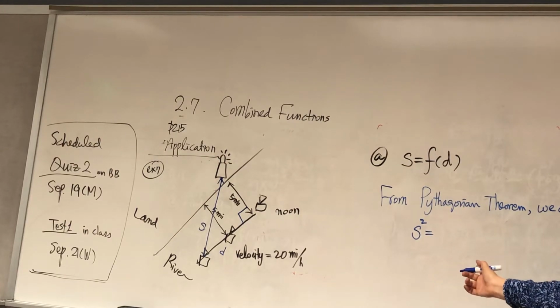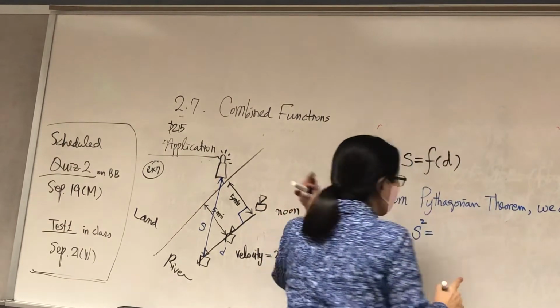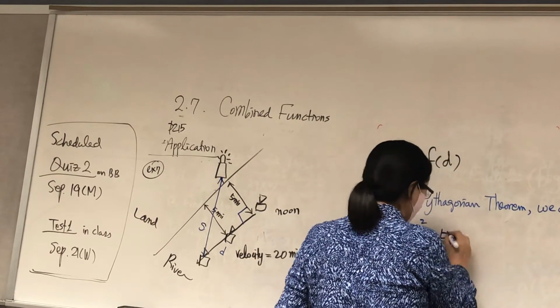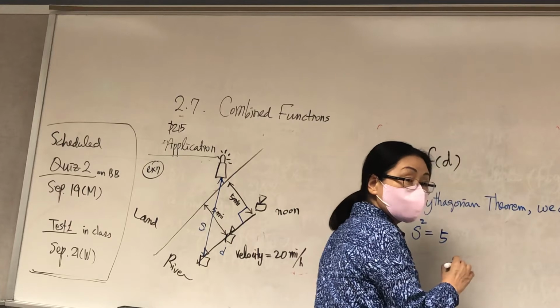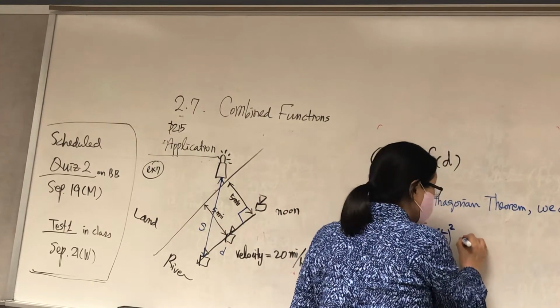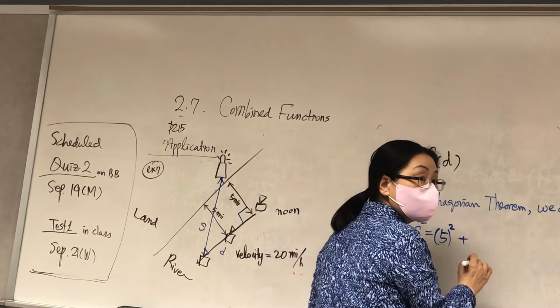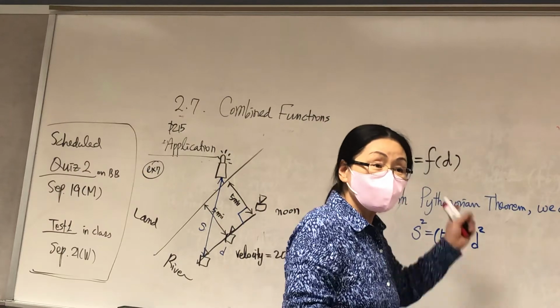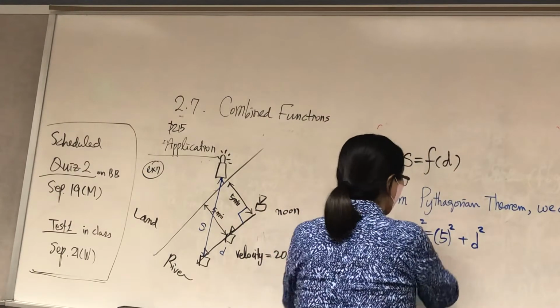A squared plus B squared. What is B squared? It's 5 squared plus D squared. That's right, isn't it? But we have to solve for S. So here, take the square root of both sides.